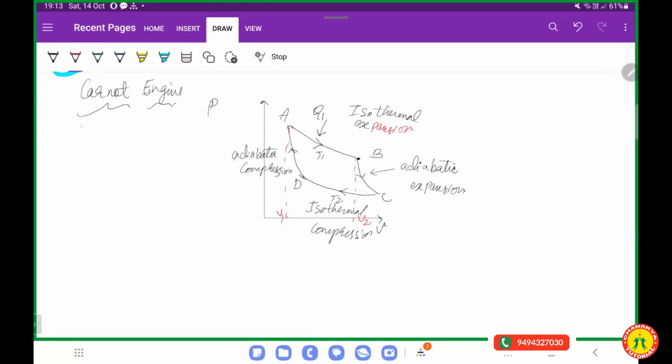So this Carnot cycle is an ideal engine based on isothermal expansion, then adiabatic expansion. After this, isothermal compression, then adiabatic compression.